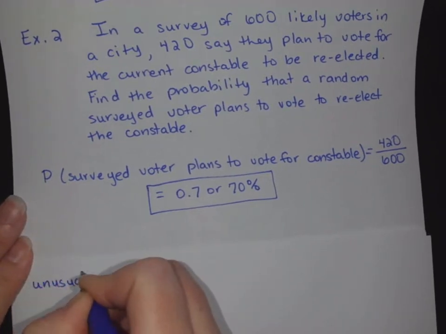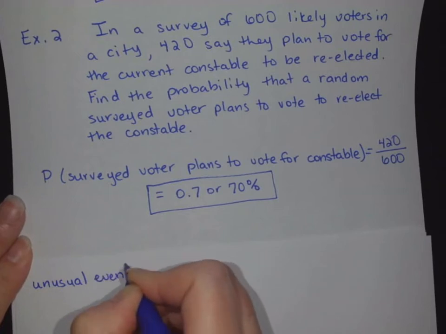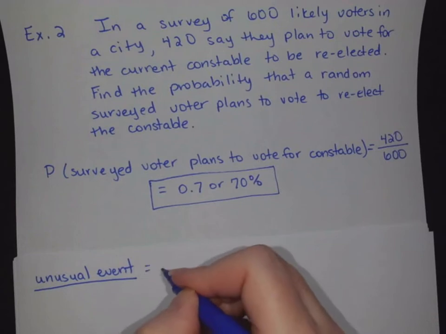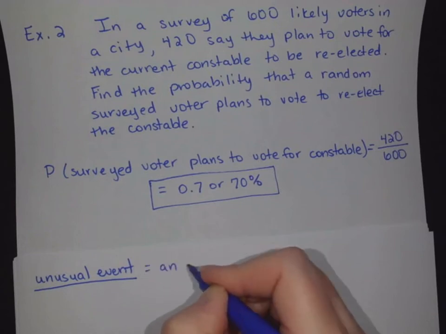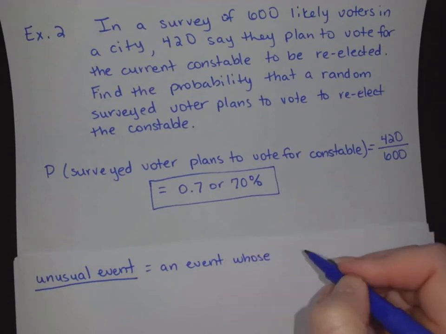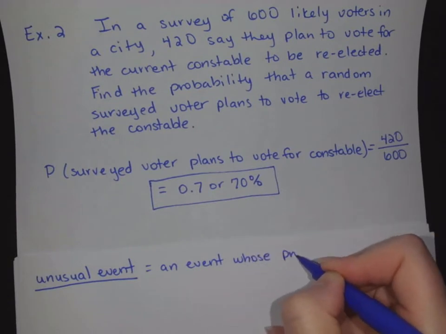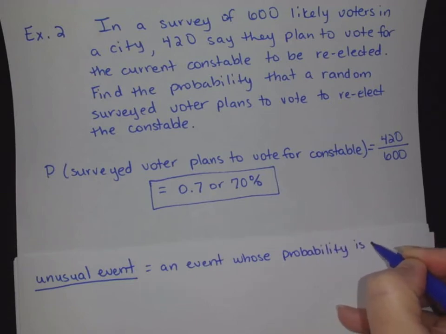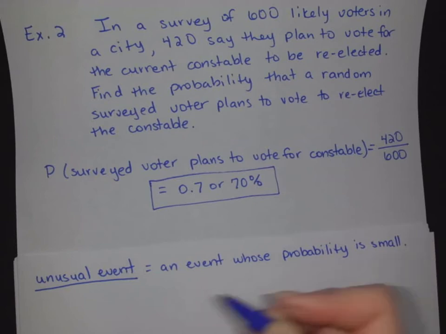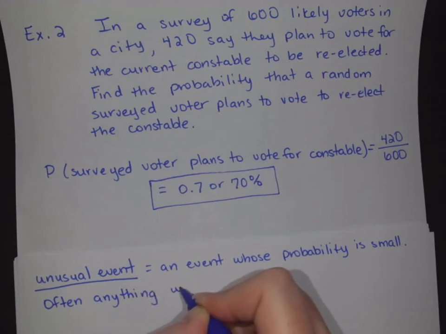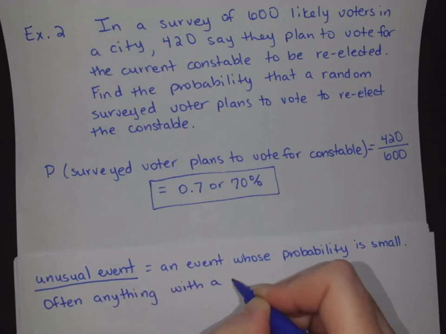All right, so we're going to talk a lot about this term this semester. And that is an unusual event. I think we all kind of know what that means, but there's actually a specific definition in stats for that. So it's an event whose probability is small, and usually small is defined as anything less than 5%. Not always, but our standard is going to be 5% or less than 5%.